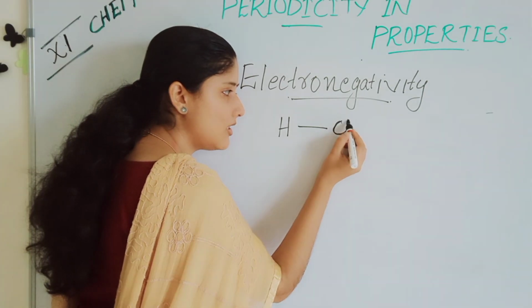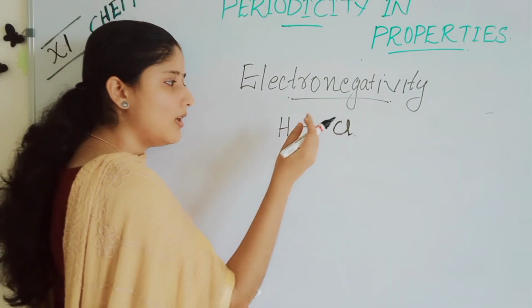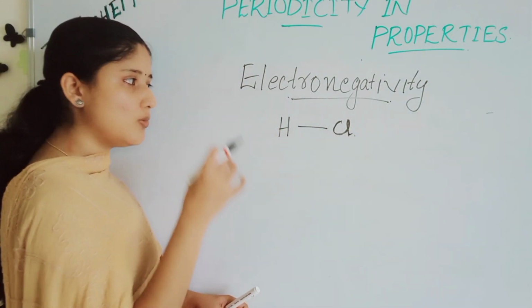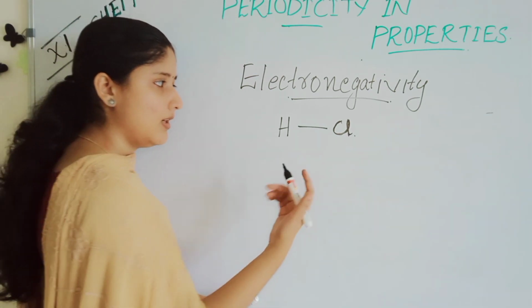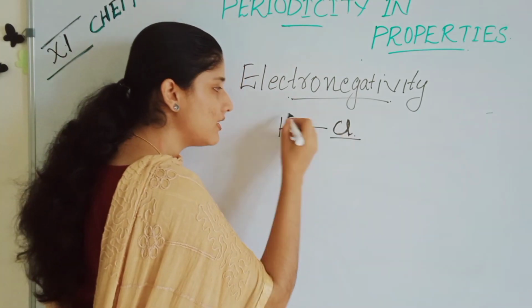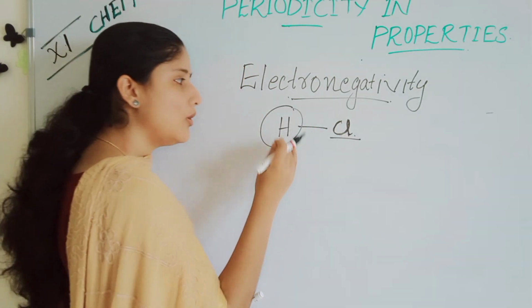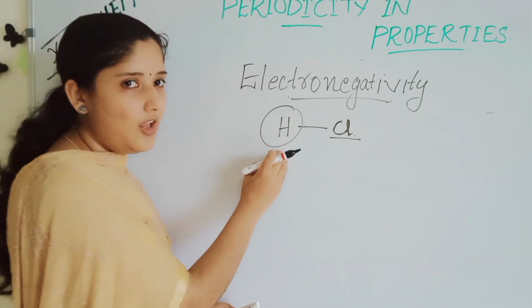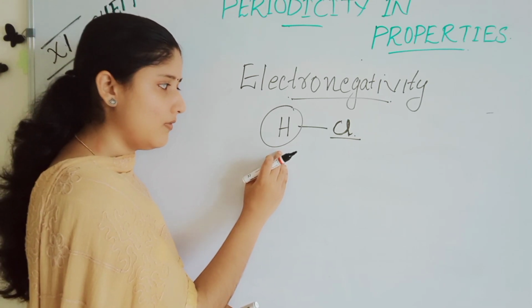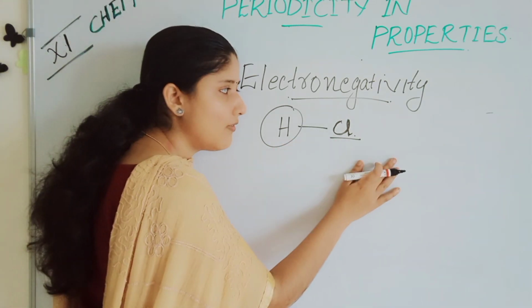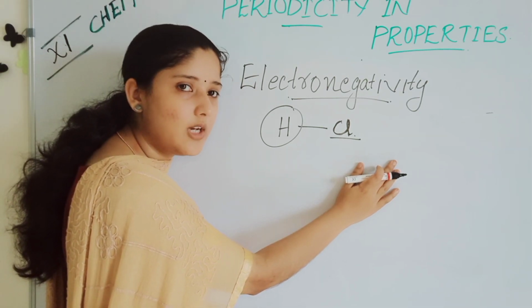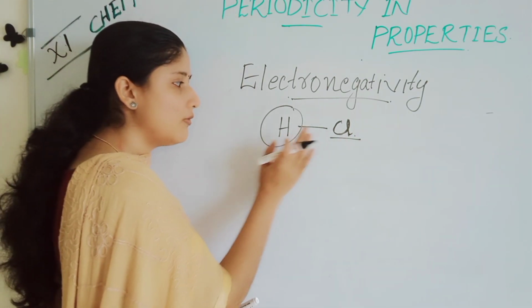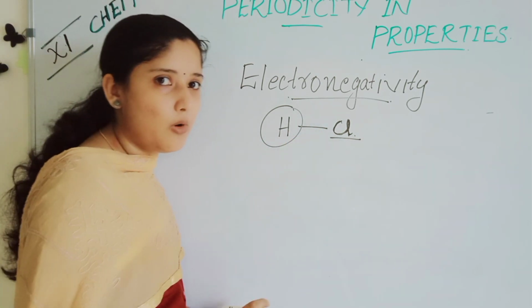Chlorine has the higher electronegativity, so it will pull the electrons towards itself. That is the ability to attract electrons to itself. And hydrogen, compared to chlorine, has the lower electronegativity. We can only compare. It is not fixed. The value of electronegativity is not fixed for any atom. We can only compare the electronegativity of the two atoms in a bond.